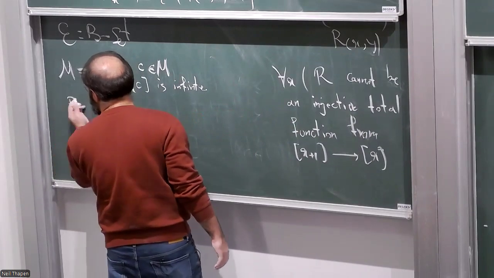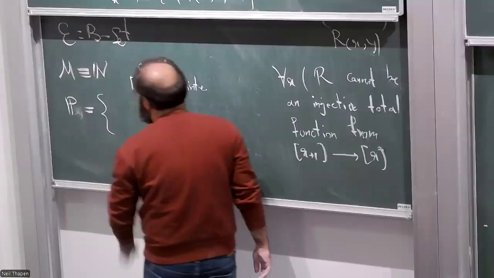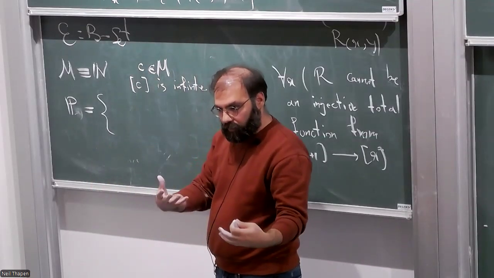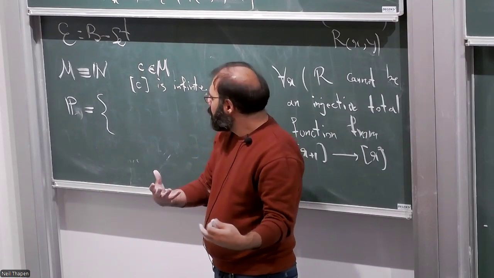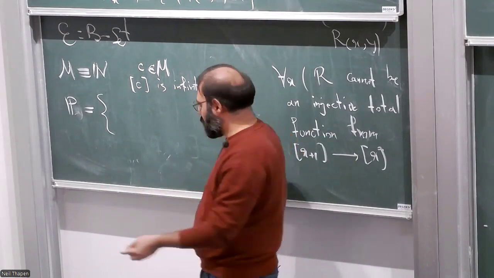What is my P? P again, like what we had before: I cannot construct a one-to-one function, right? But I can construct all partial one-to-one functions.